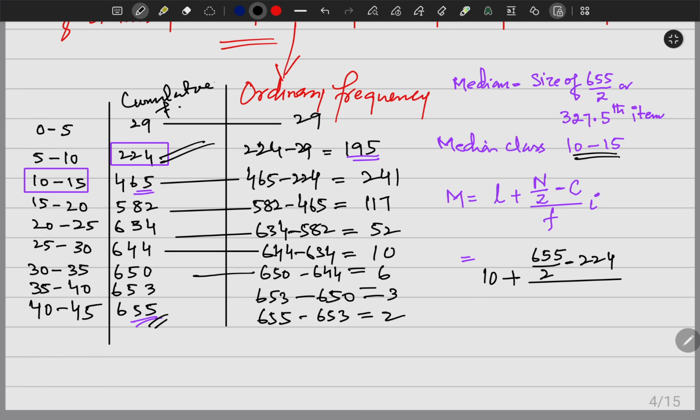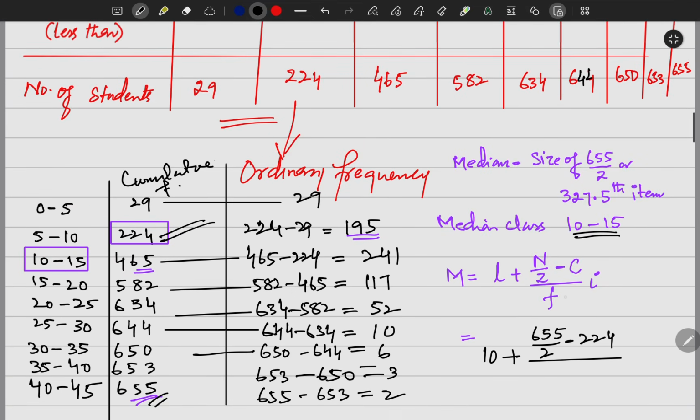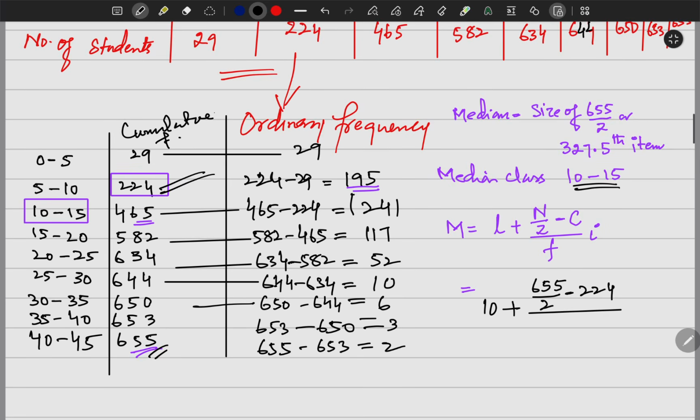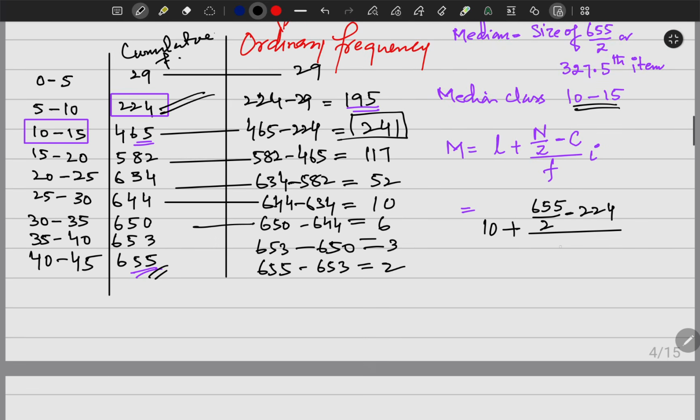Okay. So then the small f here. So this f stands for the frequency of the median class. What is the frequency? 241, ordinary frequency, that is 241, multiply the i, that's the class interval. The class interval is 15 minus 10, that is 5 width. So 5.